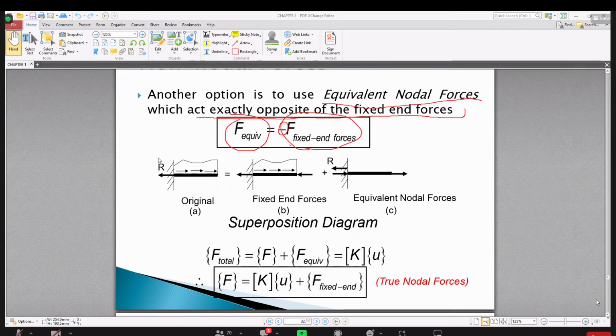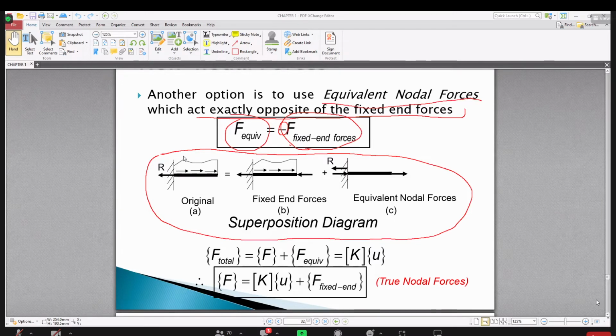So, I would like you to refer to this diagram. Is known as the superposition diagram. Suppose we have this element, okay? So, mao ni karon ang akong non-nodal force, okay? So, that's the direction of the force here. So, obviously, we have a reaction here, no? So, assuming this is fixed end.